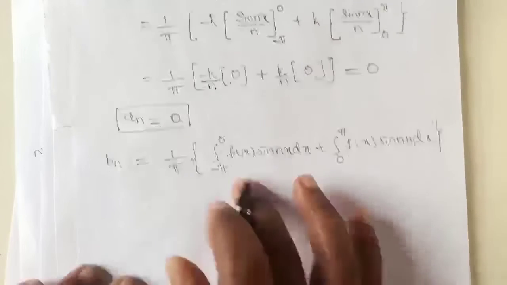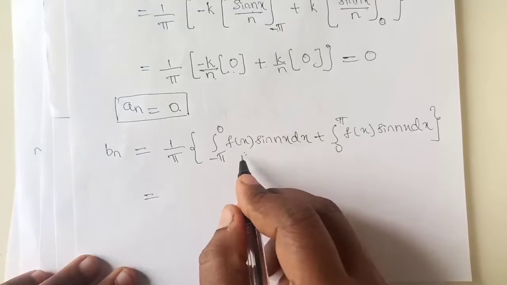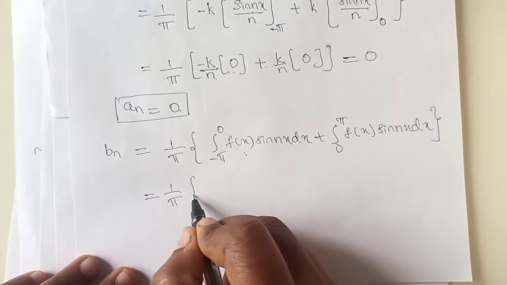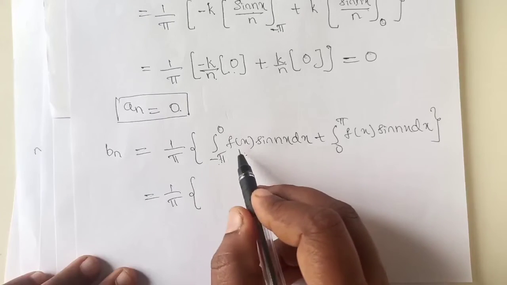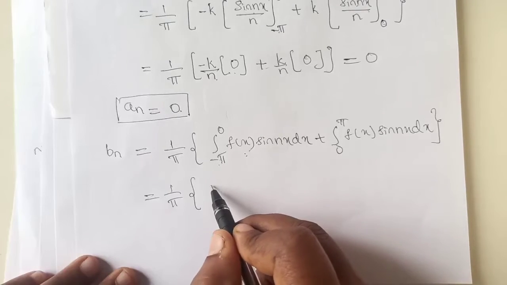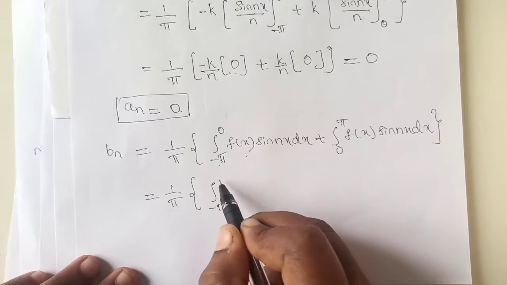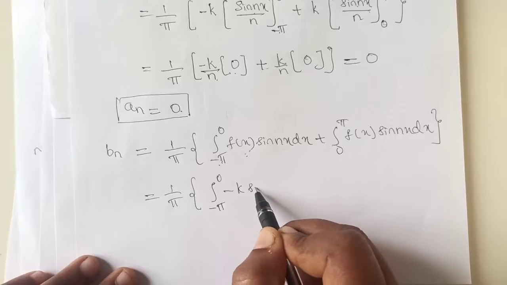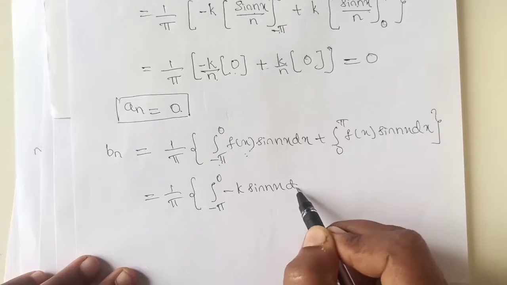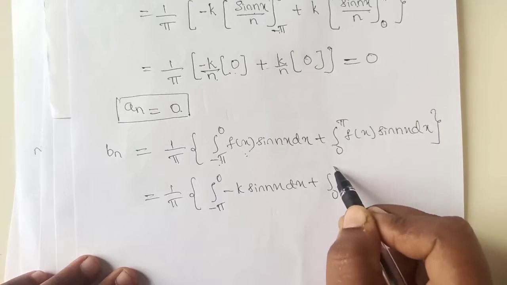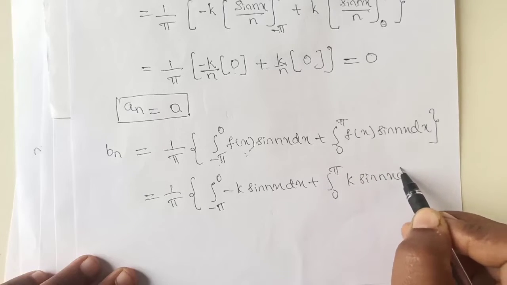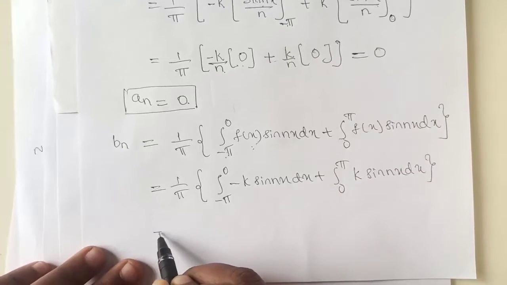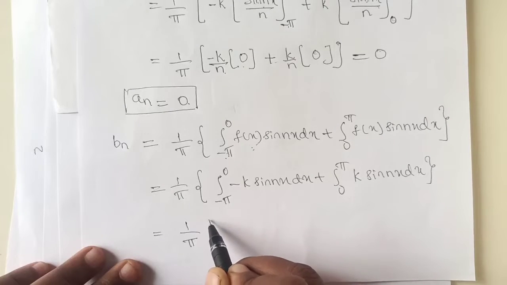Now we add the f of x values here, that is 1 by pi. When limits are minus pi to 0, that is intervals are minus pi to 0, then f of x value is minus k. That is minus k into sin nx dx plus 0 to pi k sin nx dx. Okay, so which is equal to 1 by pi.